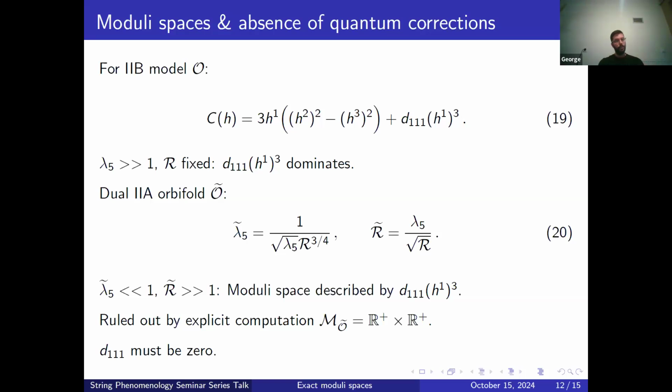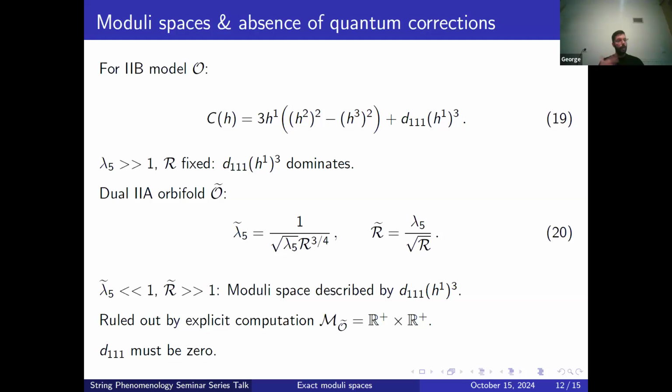Now, if there exists a term proportional to H1 cubed, this would mean that the moduli space of the orbifold O tilde at the classical level would be described by exactly this term, H1 cubed. But this is ruled out because we explicitly computed the moduli space of this orbifold O tilde, and we found it to be R plus times R plus, and this space is not described by H1 cubed.